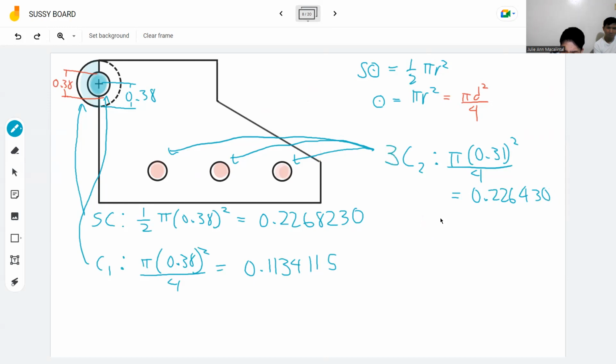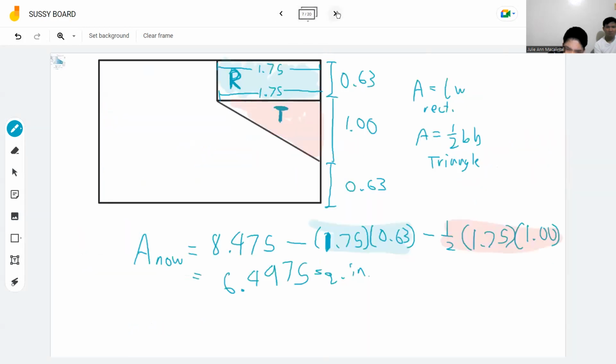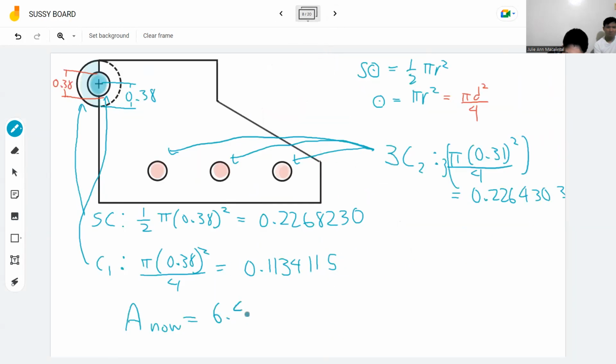Wait, let me check. Okay, 5.31 squared over 4. Okay, so it is already included here, the combined area. So the new area now is, what was the previous area? 6.4975. As of now, I'm ignoring significant figures because I will just round it anyway.